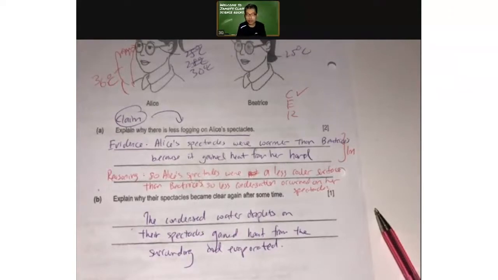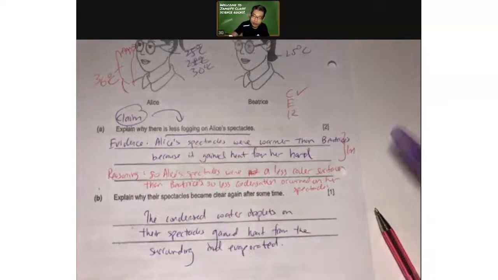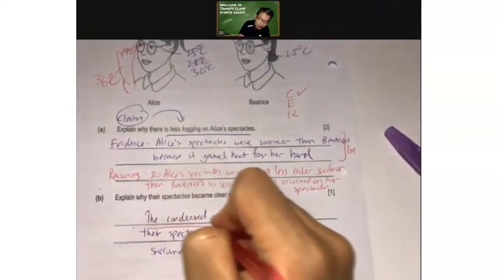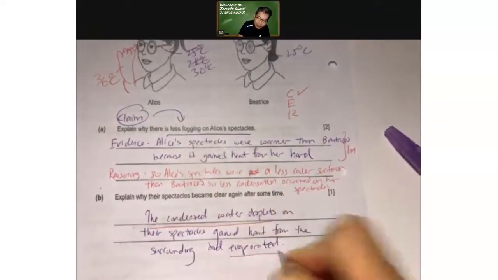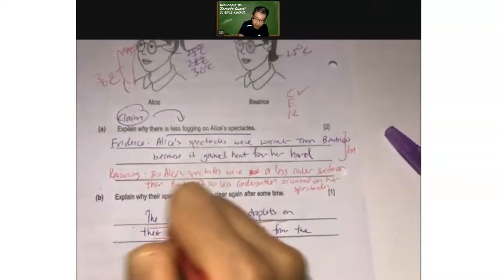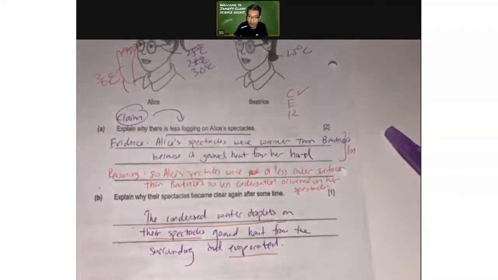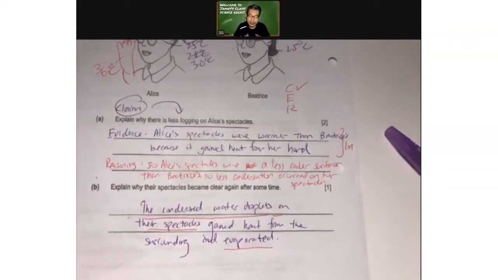Now, I'm sure some of your teachers may allow you to get your full mark, even if you just written down what I'm going to underline, the water droplets evaporated on their spectacles. Your teachers might give you your full marks for this. Personally, I think it is a more complete answer when you talk about heat flow. Because for any part of the water cycle to happen, whether it's melting, freezing, condensation, evaporation, there must be heat flow.